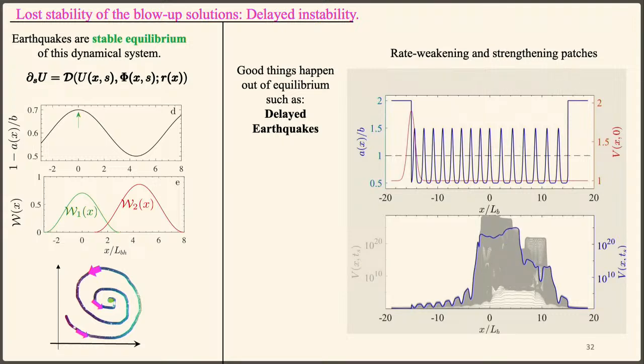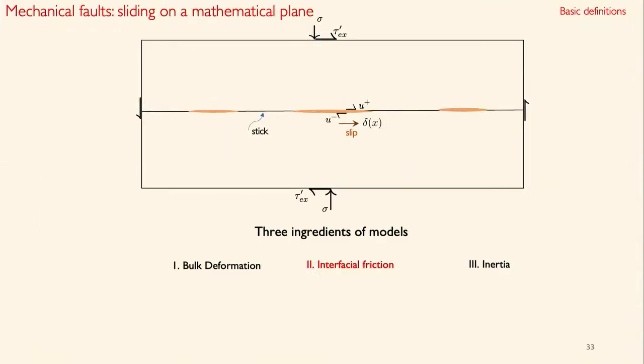So let's move a little further. So far we didn't discuss much on the inertia part because we just focused on one realization of instability and not the dynamic propagation. I changed the talk a little bit from Kaushik's talk yesterday.